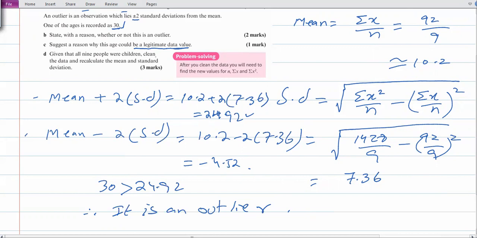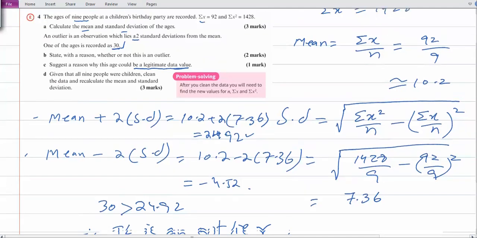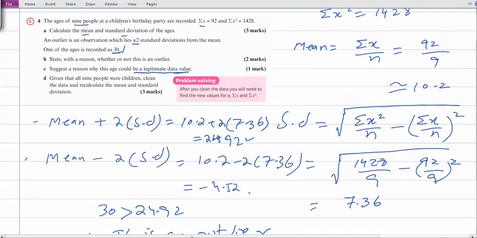It can be the age of the person. It can be the age of a child's parent. That is why it is a legitimate value.